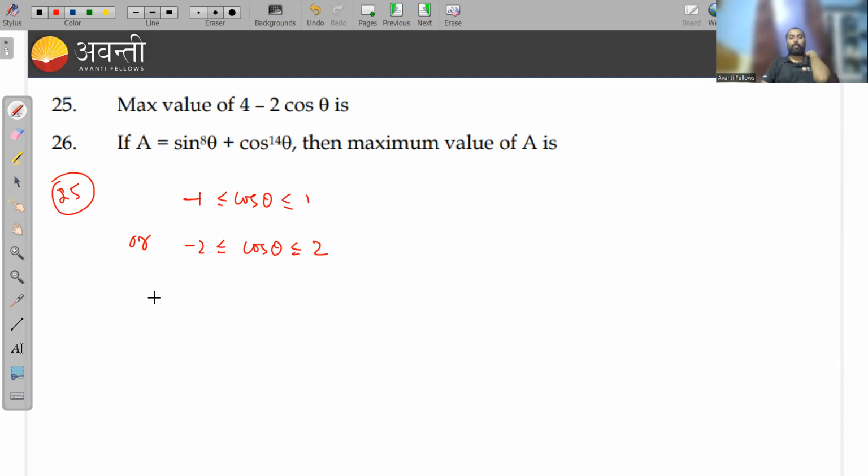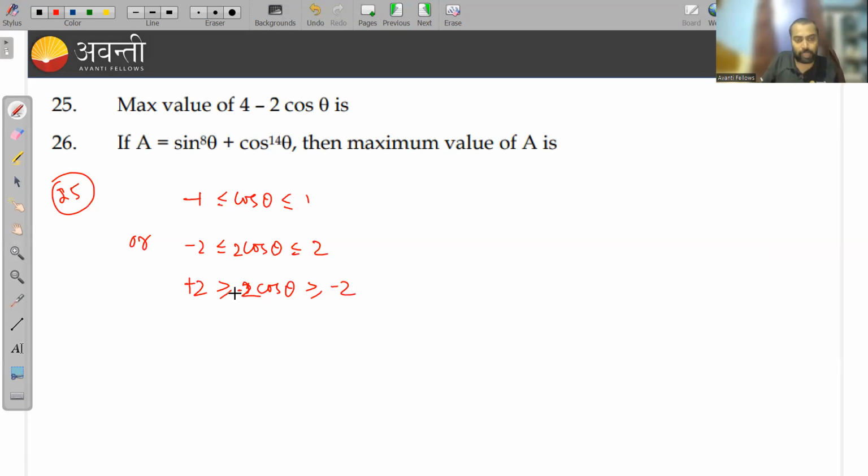Now, if I multiply negative 1 with each term of this inequality, what will happen? The sign of the inequality will change, right? So this will be minus 1 into minus 2 is plus 2, greater than or equal to minus 2 cos theta, greater than or equal to minus 2.